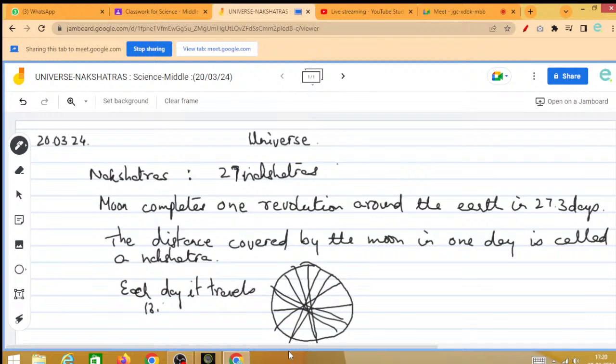If we divide 360 degrees into 27 equal parts, each part is about 20 minutes. 13 degrees. Very good. 13 degrees and 20 minutes.